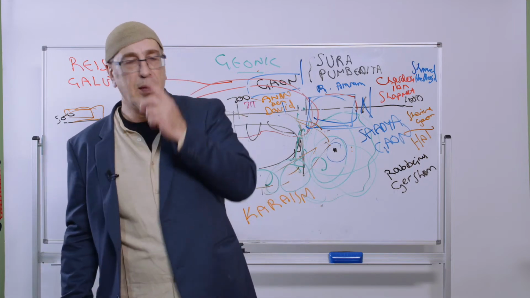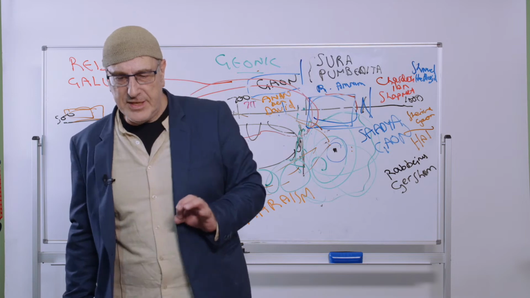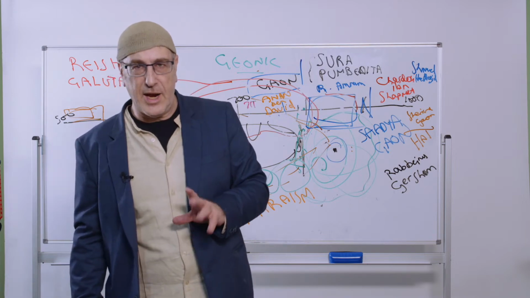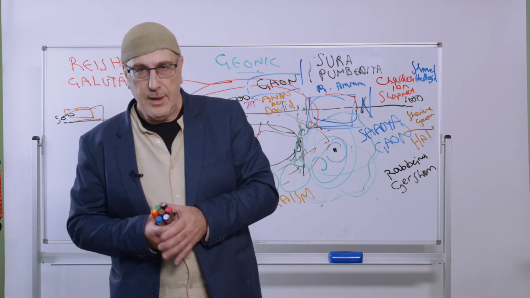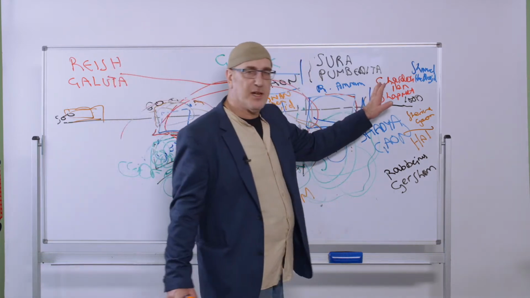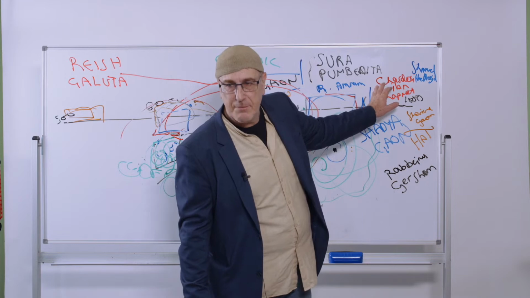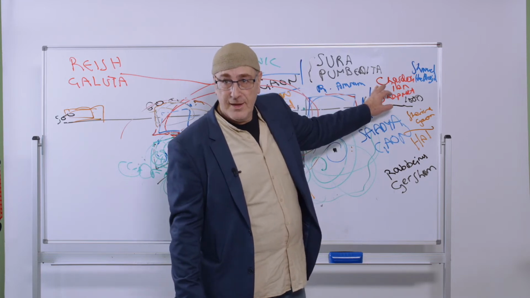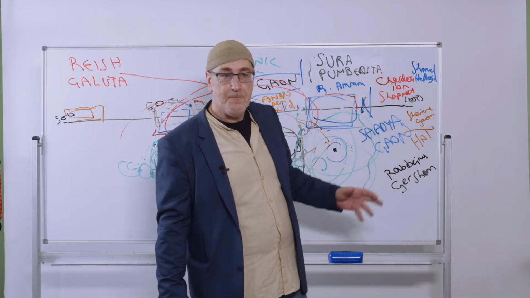Now, I have exactly just a couple of minutes, and I need to talk about something that I wanted to talk about just before I spoke about Chasdai ibn Shaprut, and I didn't, but I'm going to talk about it now, and that's important.